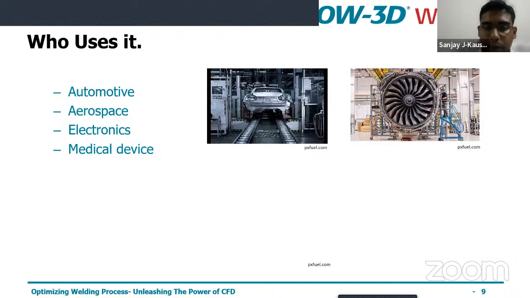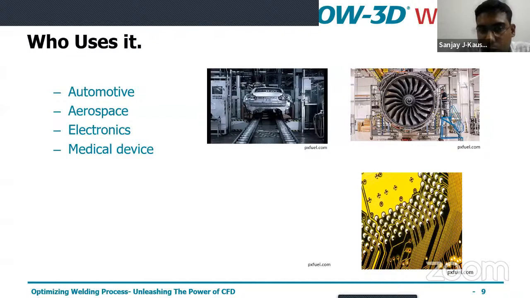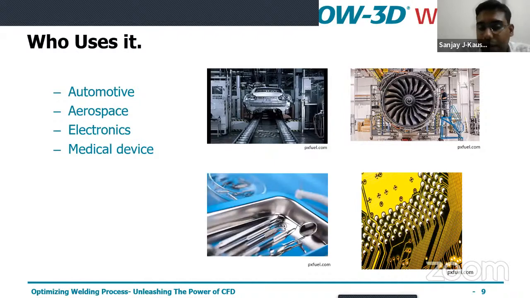We have the electronics division, where they use laser soldering extensively for the attachment of PLC boards. And we also have medical devices such as surgical ones. We do have laser stents that are produced with the help of laser welding processes. So the application of laser welding processes is wide.